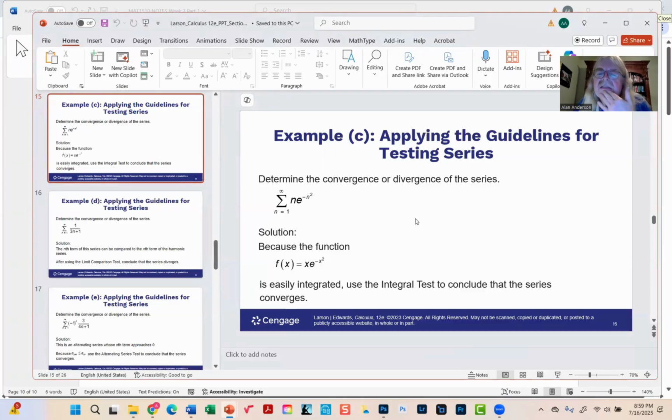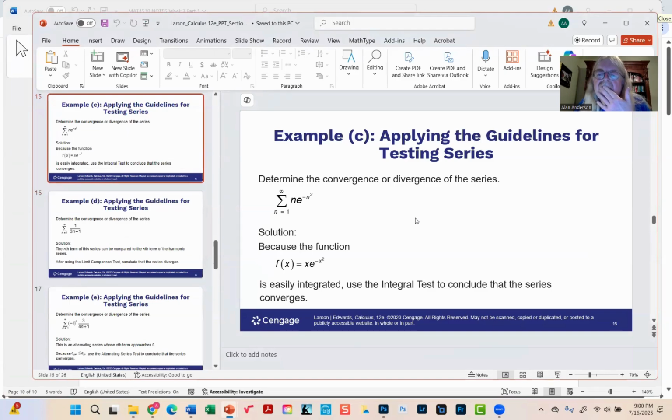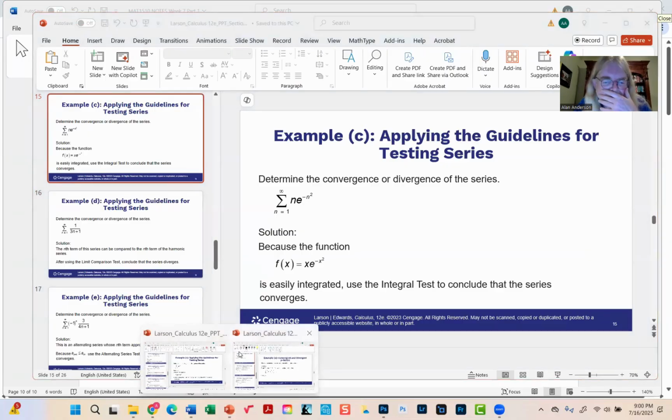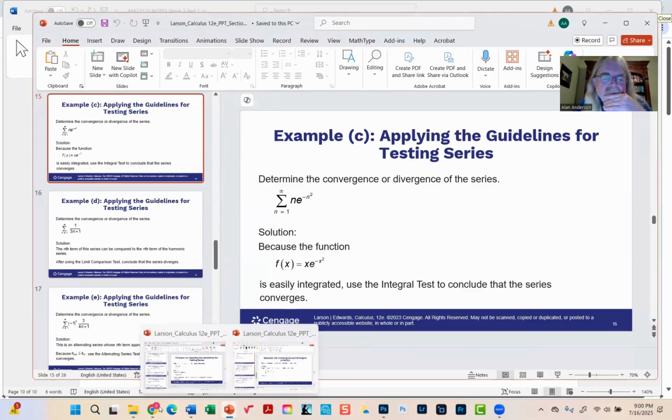Now I don't remember it saying that, because this is easily integrated. Oh, no, they're telling us that it converges. I guess the table doesn't have the criteria for determining if it converges or not. I'm going to have to go back and look it up.